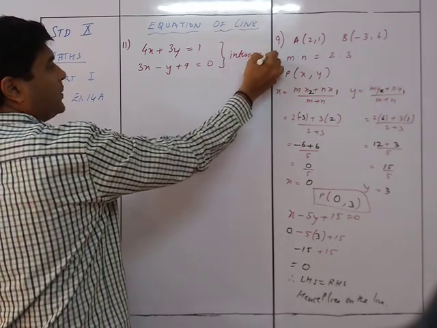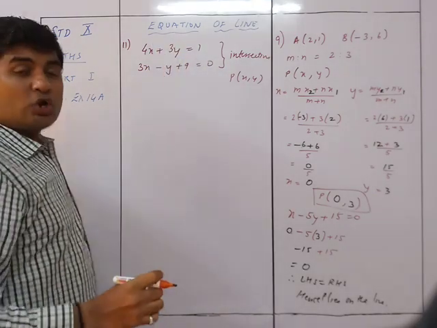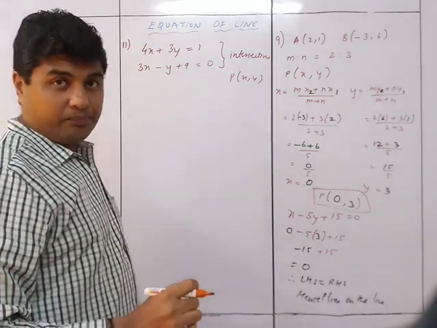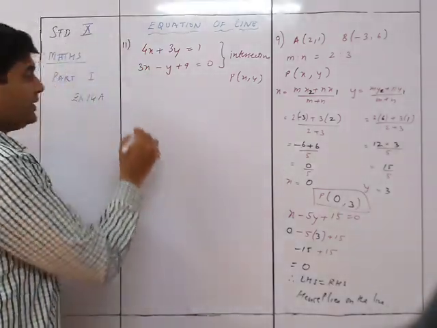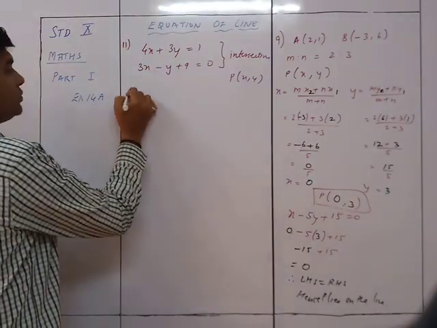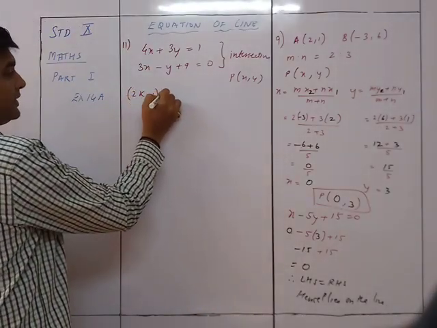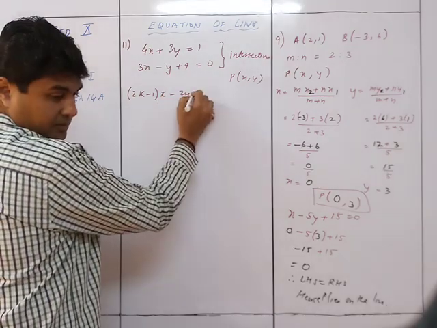So that intersection over here will be equal to P(x, y), which we get by solving these two simultaneously. This P, I do not have to check whether it is lying, it is already given that it is lying on the line 2k minus 1 x minus 2y is equals to 4.